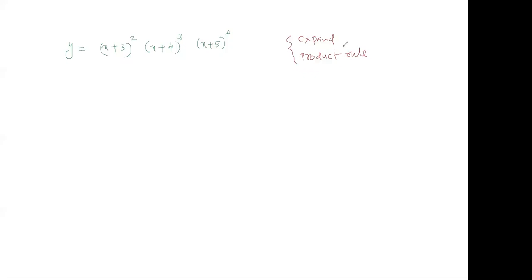That will take too much time. And if we apply the product rule, again there are 3 functions, one with power 2, another with 3, so it will be a long process. But what will happen if you take logarithm on both sides? It will become very simple.